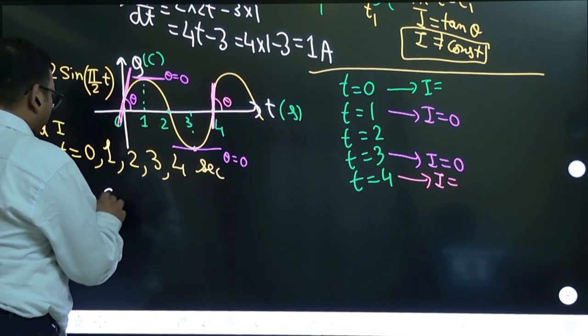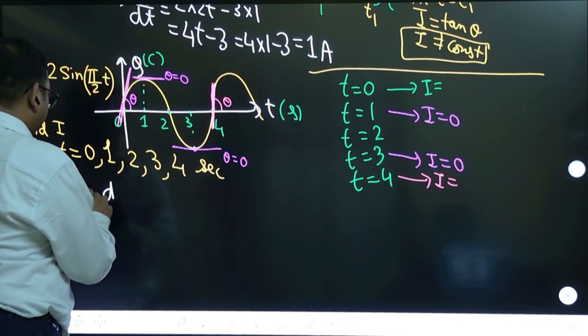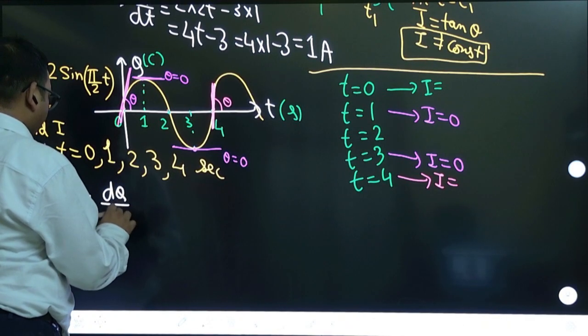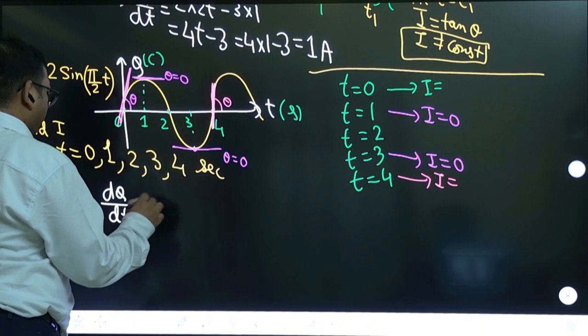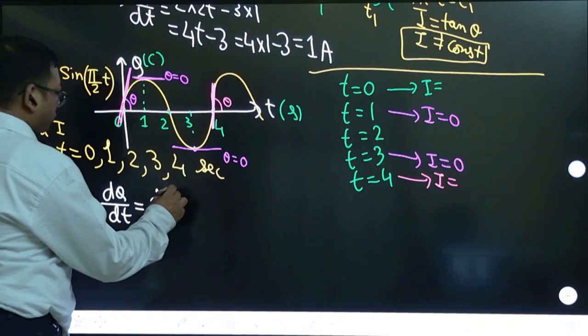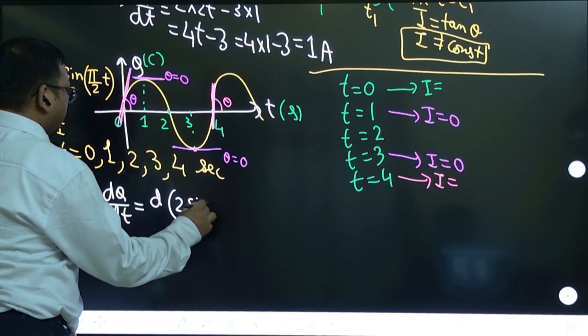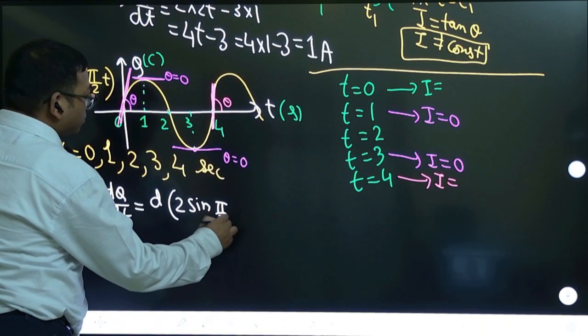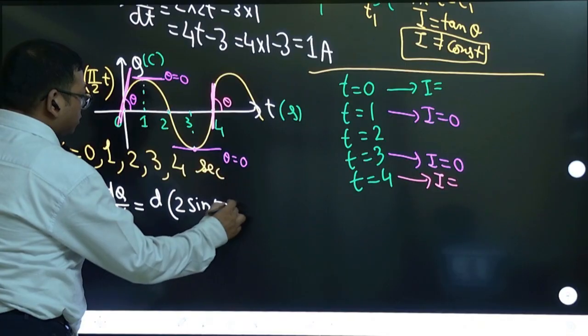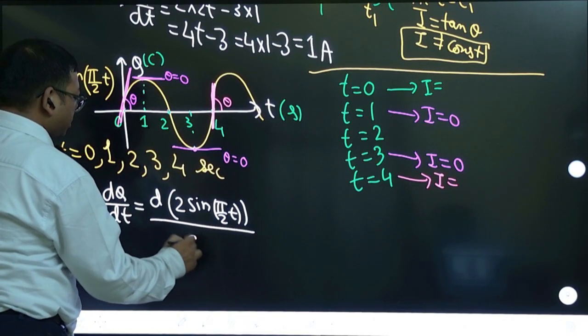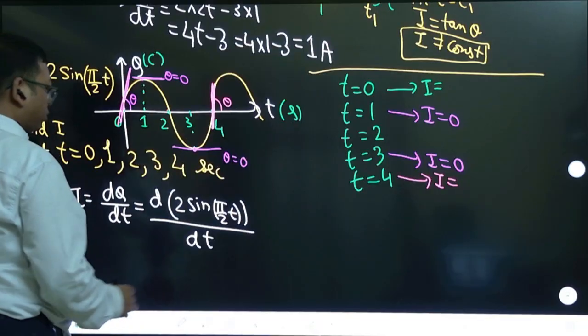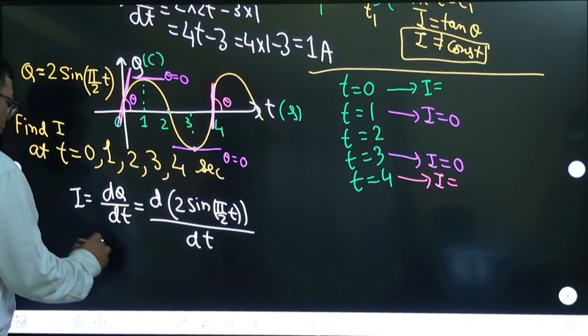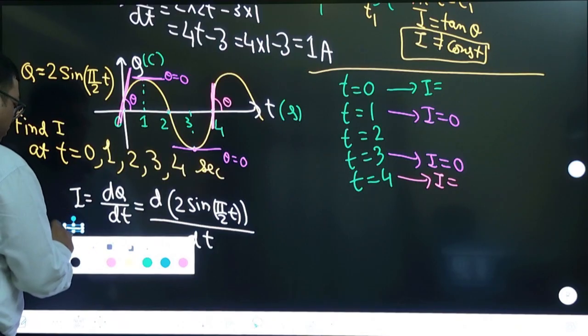So first of all, what is current? Current is dq by dt. And what is q here? Q is 2 sine pi by 2 t. Differentiate this with respect to time. Do this. 2 is constant, it comes out.